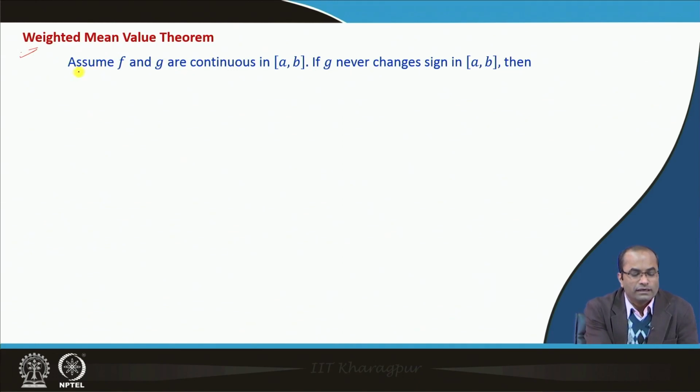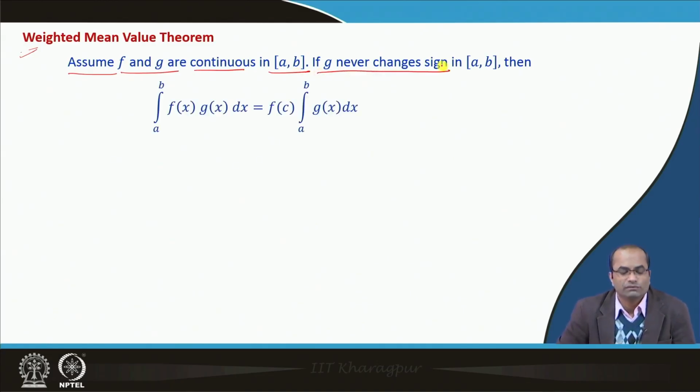Here we say that if f and g are continuous in this interval a b, and g never changes sign in this interval, then this weighted mean value theorem says that integral a to b f x g x dx will be equal to f c.